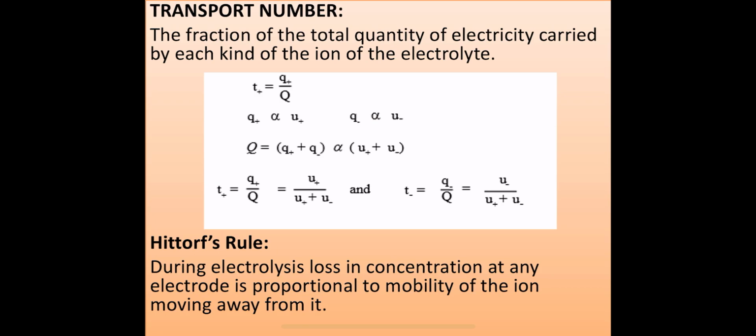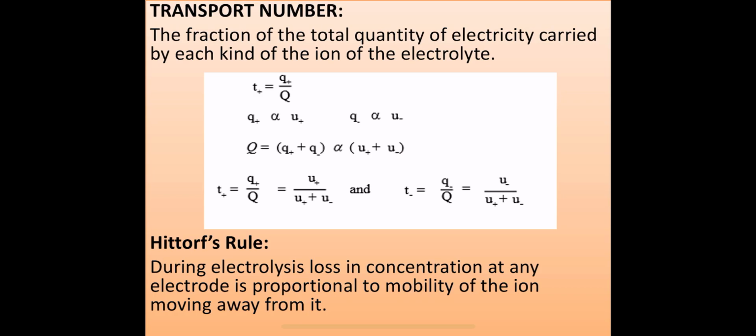Let the total quantity of electricity be called Q. The total quantity of electricity present in that electrolyte is Q, and Q plus and Q minus are the amounts of electricity carried by the positive and negative ions respectively.